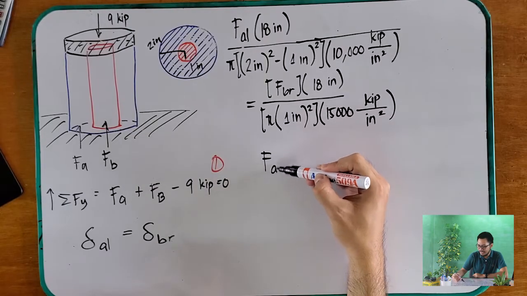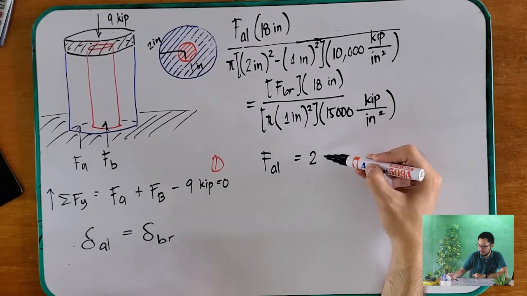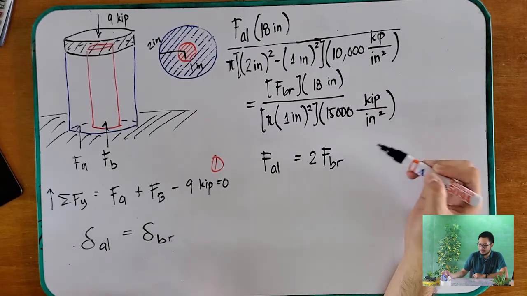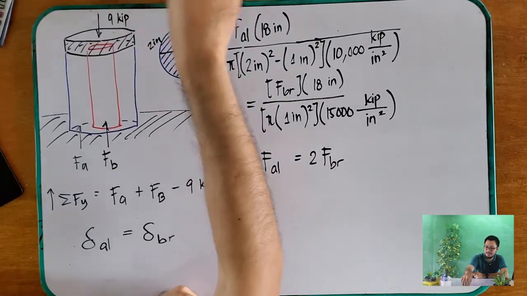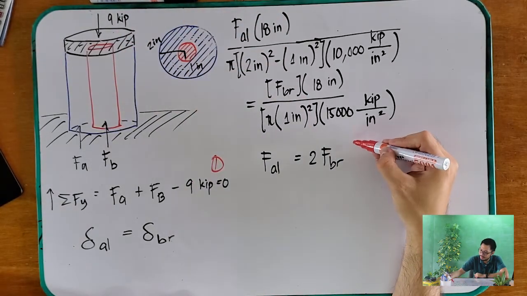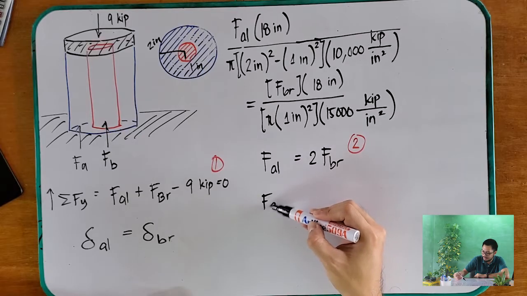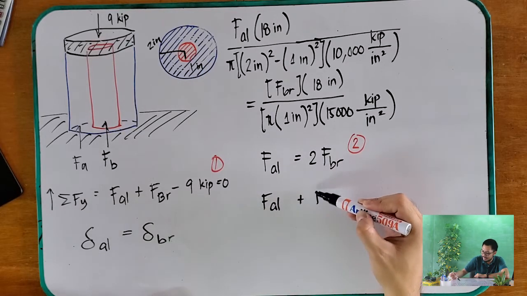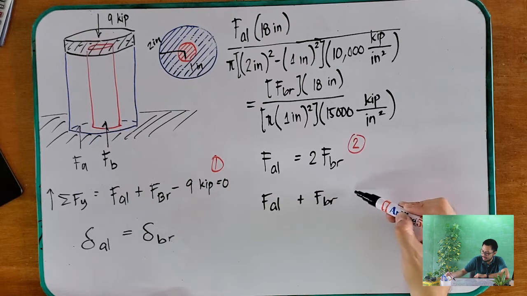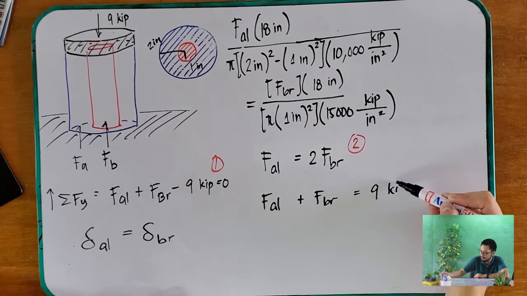If you simplify this using your calculator, you will arrive at this value: F aluminum is equal to 2 F BR. And now this is your second equation. When you input it in the calculator, F aluminum plus F BR is equal to 9 kilopounds.